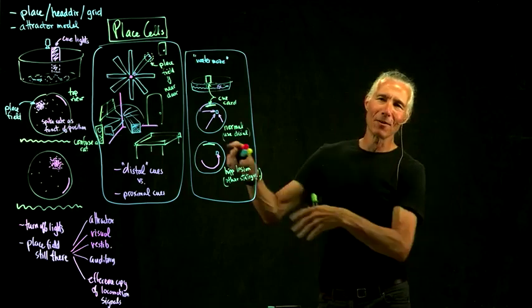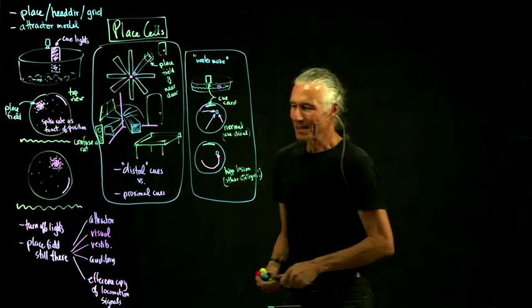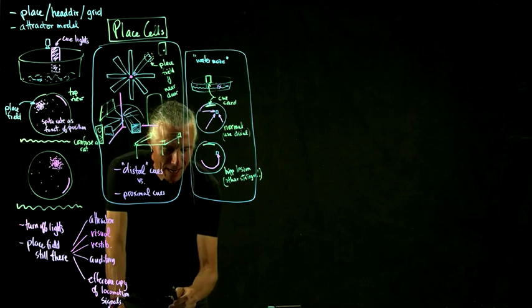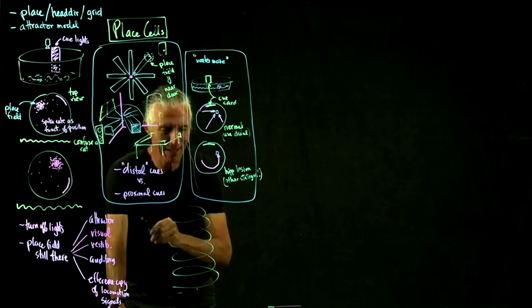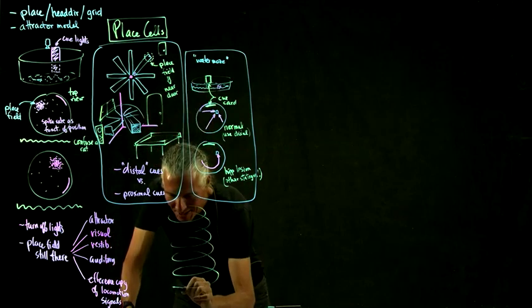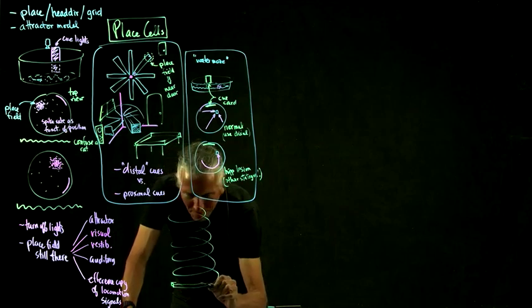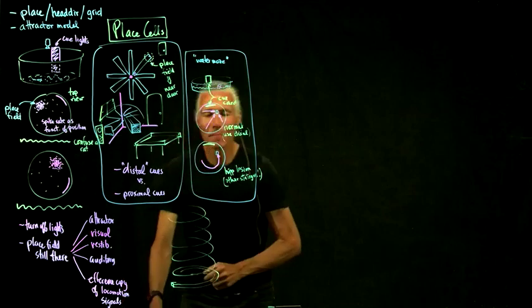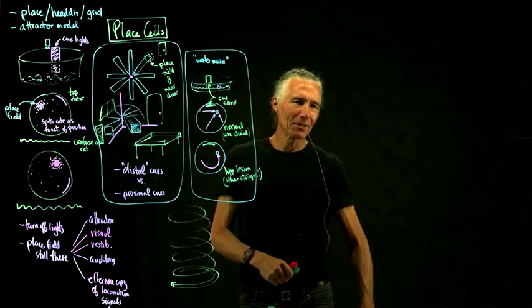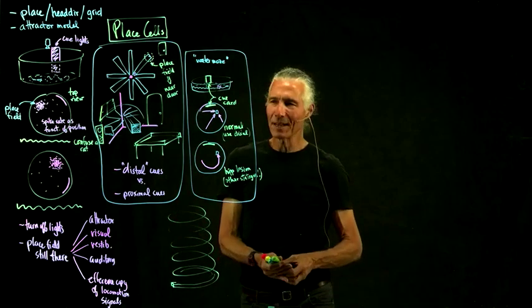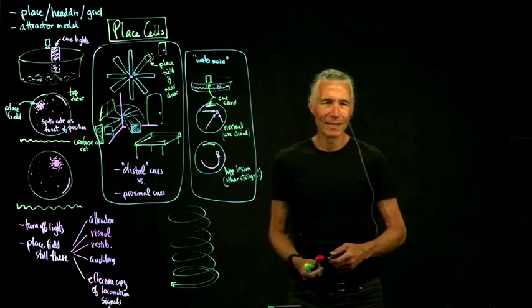Somebody made a spiral staircase for a rat, a 10-turn spiral staircase made out of plexiglass. They trained the rats to climb all the way up the spiral staircase, and they checked: do you have any floor-specific place cells?